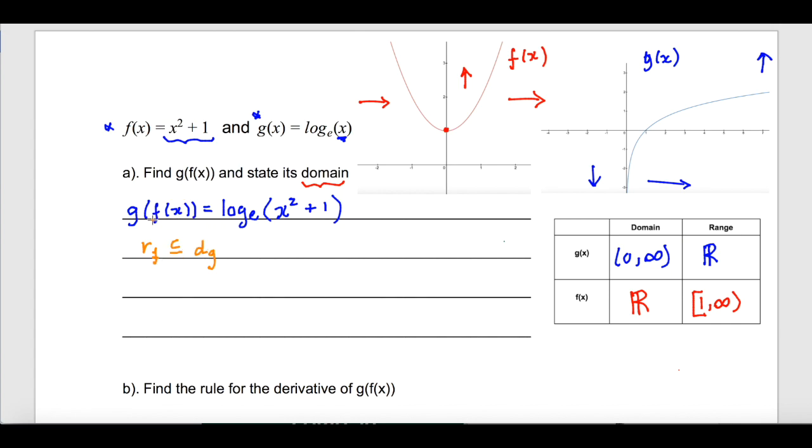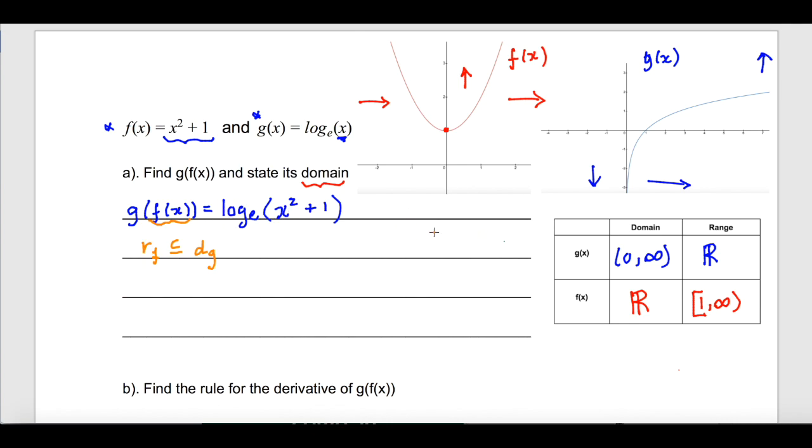Well, if we look at it, f of x is the inner function, so that means the values we get as outputs for f of x are being substituted back in to g of x. So the values for the range, so the outputs, another way of thinking about the range, the outputs of f of x must fit within the domain of g of x for the composite function to be defined.